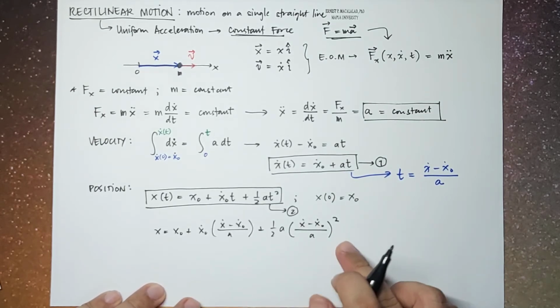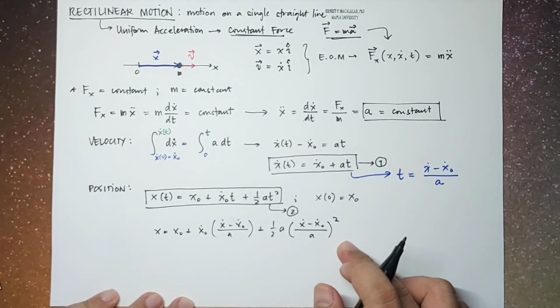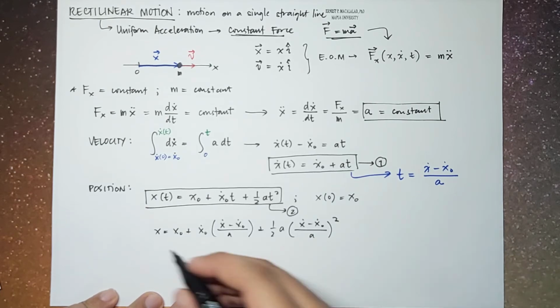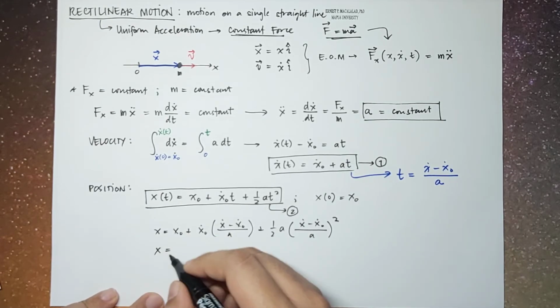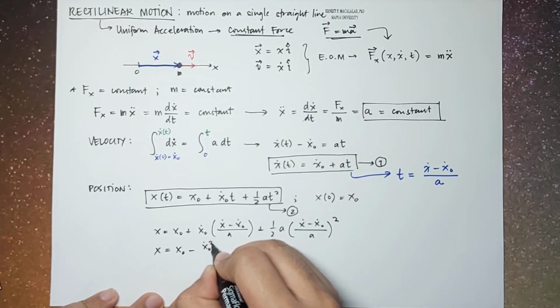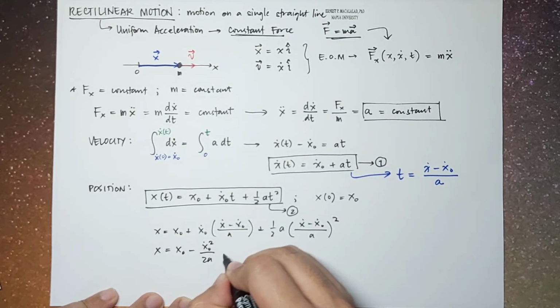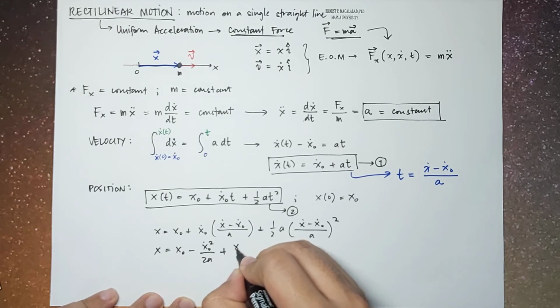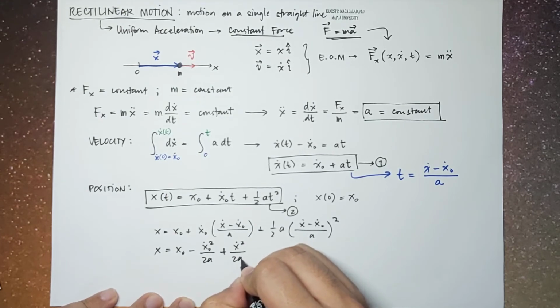Now if you expand this and then simplify, we end up with this expression: x equals x naught minus x dot naught squared over 2a plus x dot squared over 2a.